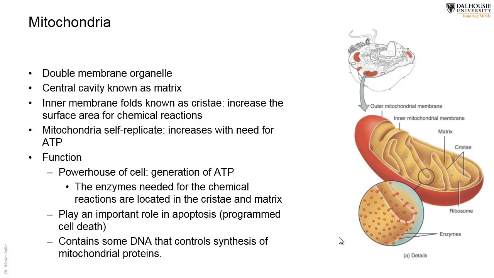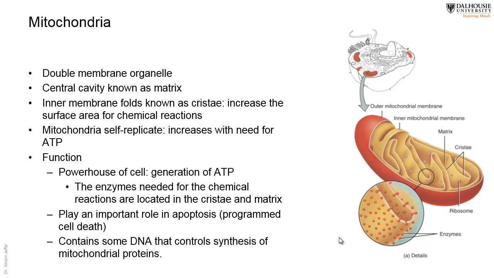Most of these chemical processes that take place in the mitochondria result in the formation of energy, ATP. So that's why these mitochondria are, in fact, the powerhouses of the cell. They are mainly concerned with the production of ATP.